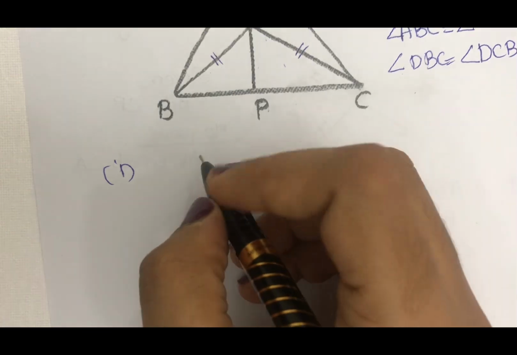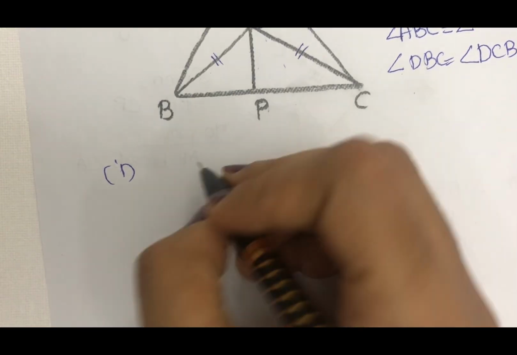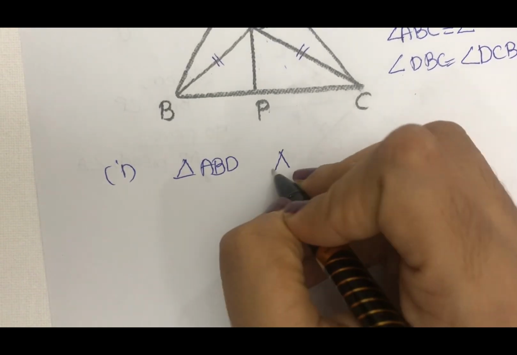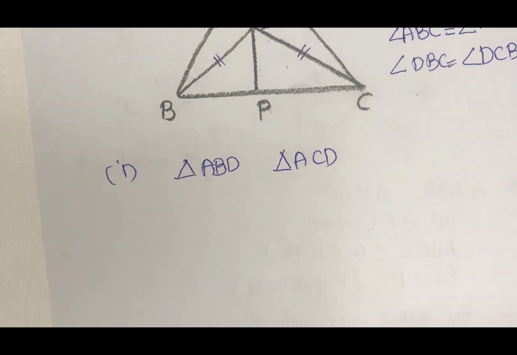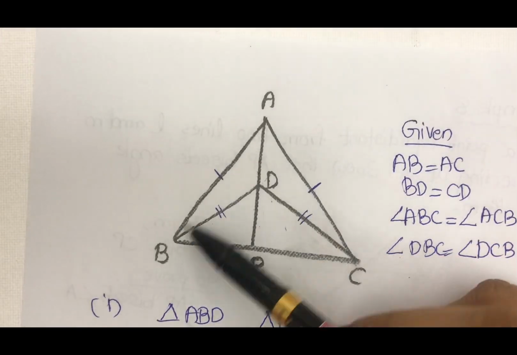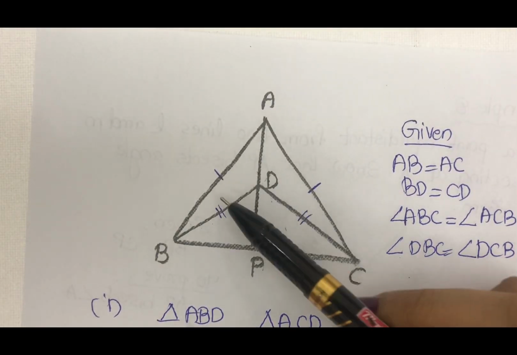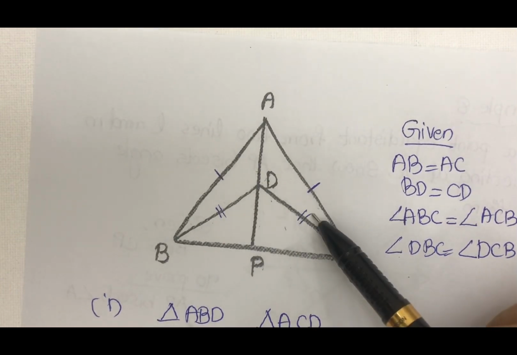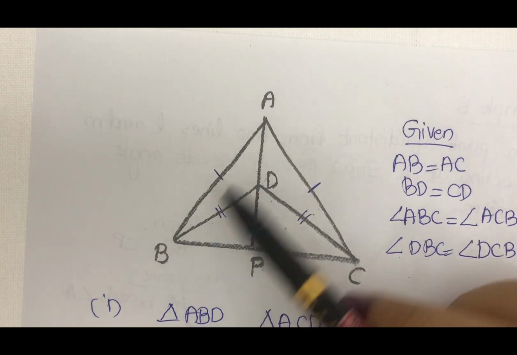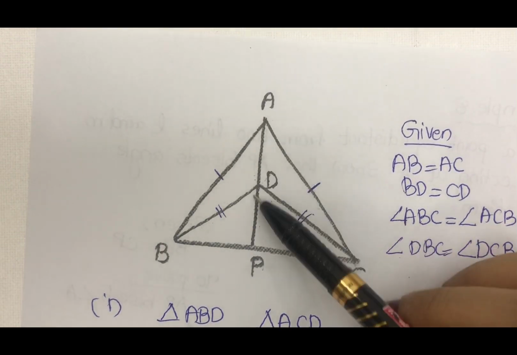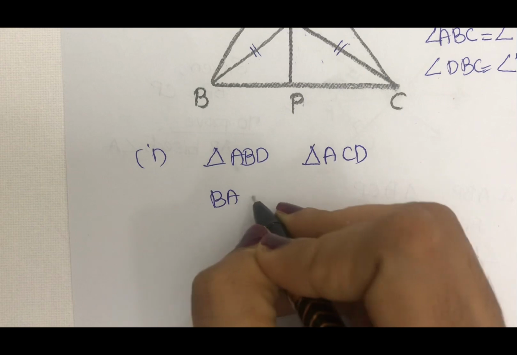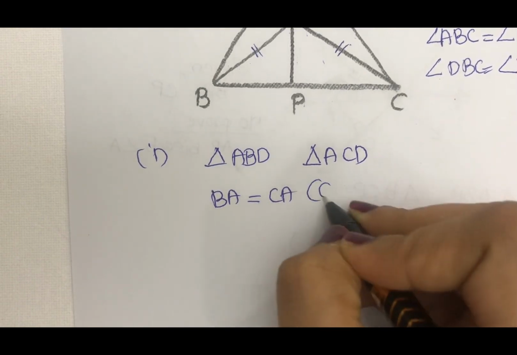Okay, so first we have to prove triangle ABD is congruent to triangle ACD. So we know these two sides are equal and these two sides are also equal, because these two triangles are isosceles, and this is a common side. So SSS congruency rule. So we'll write that. BA equal to CA, given.